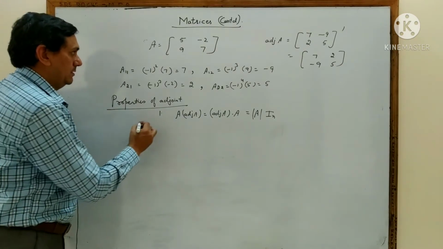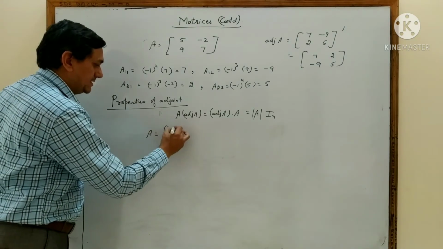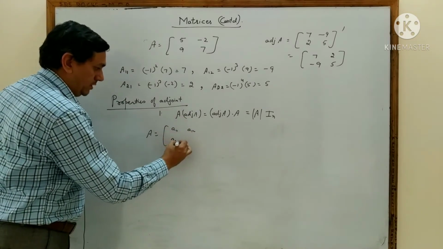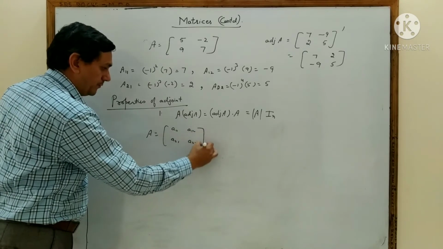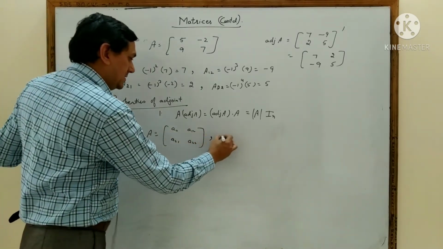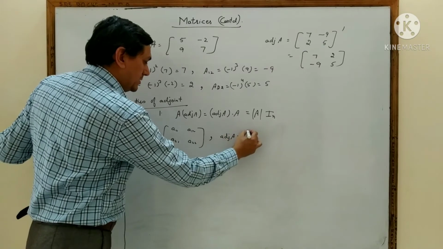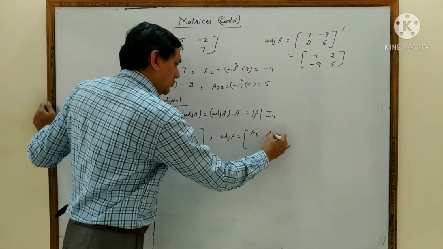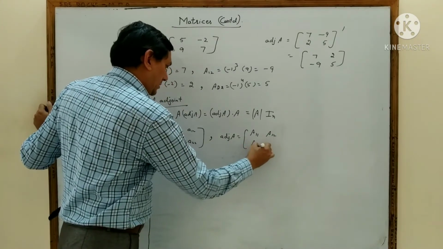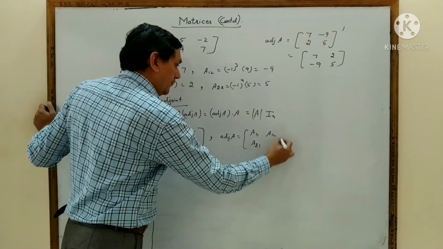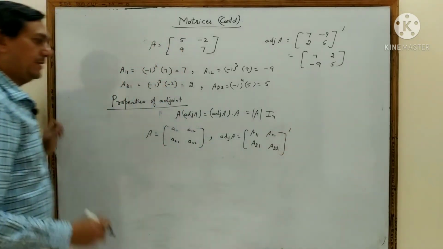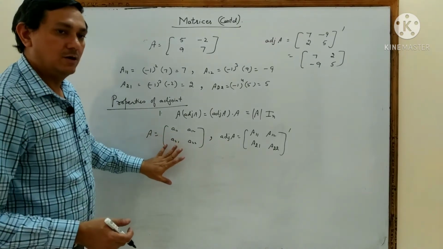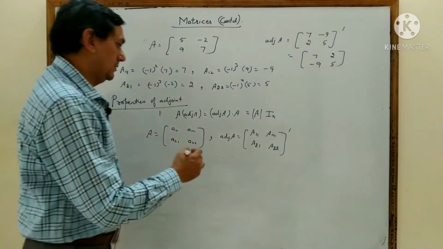We shall prove it. Let A be the matrix A11, A12, A21 and A22. Now its adjoint is the matrix of capital A11, A12, A21, A22 and its transpose, where capital A11, capital A12 are the corresponding cofactors of the elements.